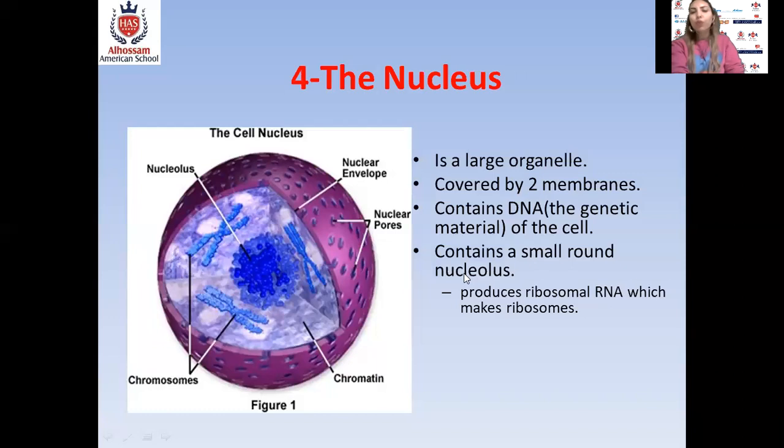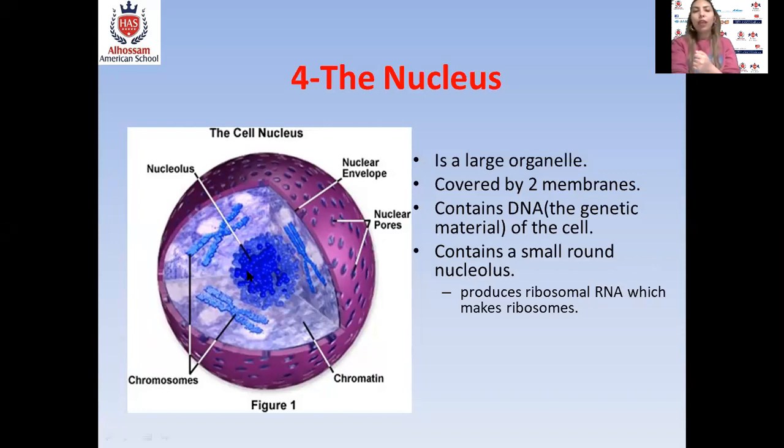So what's the function of the nucleolus? It's very small, but it has a function. It produces ribosomal RNA, which makes ribosomes. Do you remember ribosomes from the previous slide? Who makes these ribosomes? They are made by ribosomal RNA, and the ribosomal RNA is made by the nucleolus.